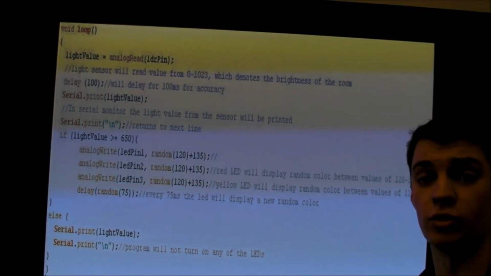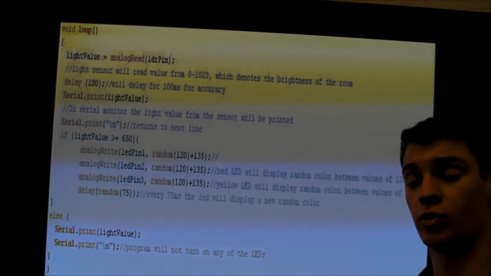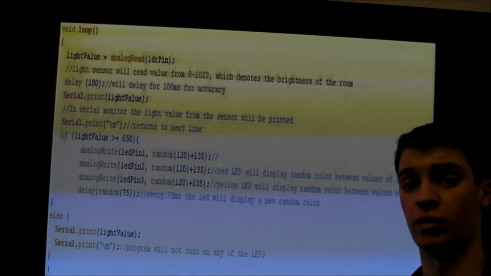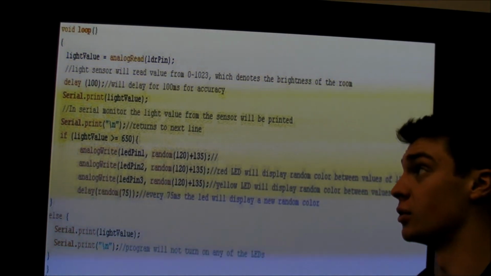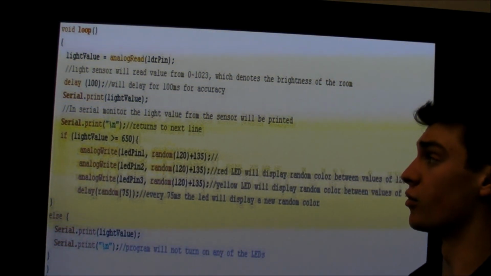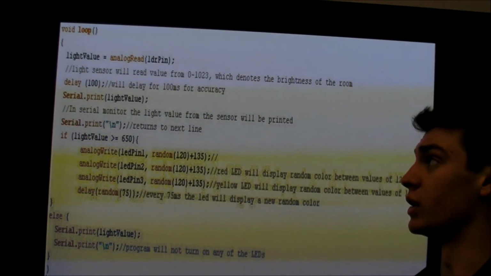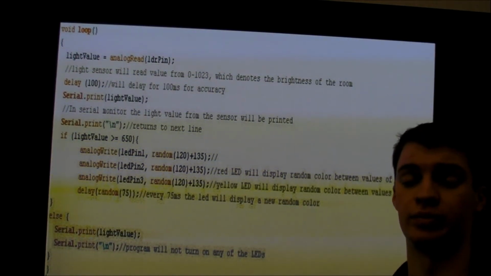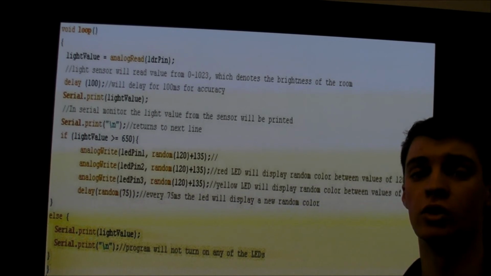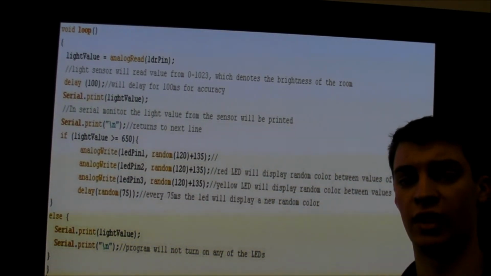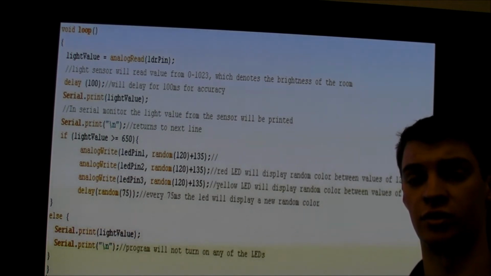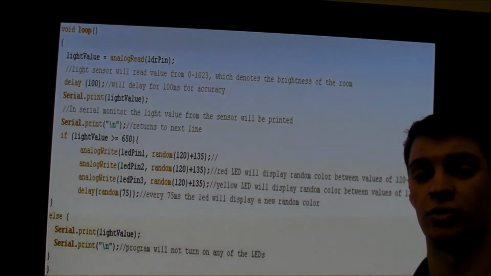But let's run through it, because now we're in the loop part, which is the most important part of the code and where basically the magic happens. So the first line reads lightValue = analogRead(LDRpin). Earlier I created lightValue and initialized it to 0 before the program started running.